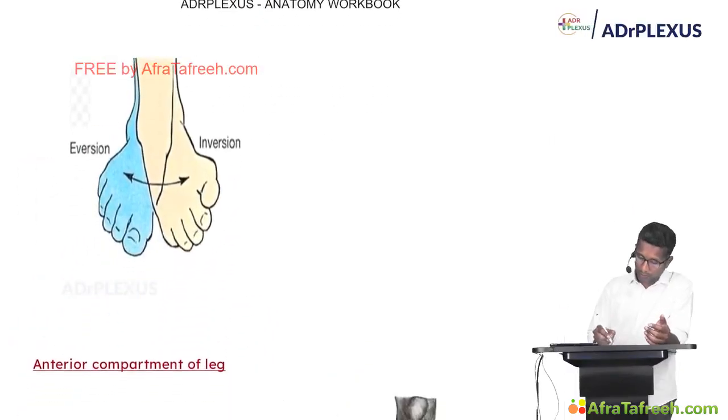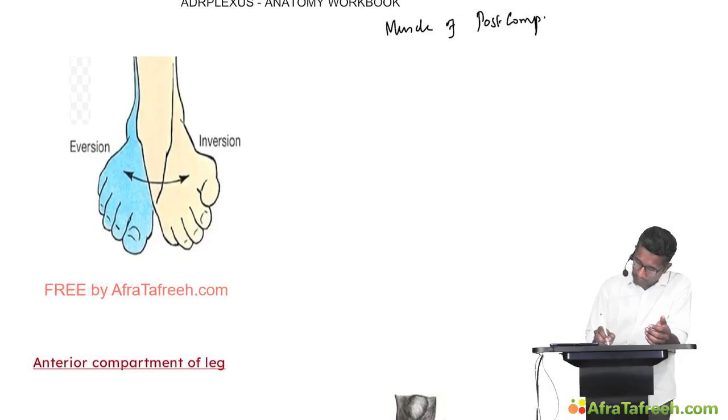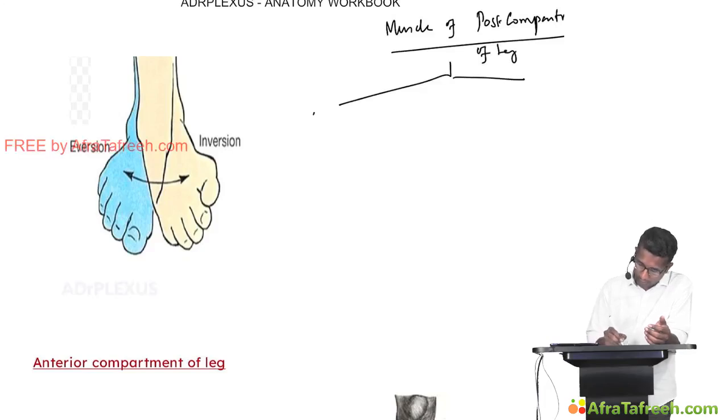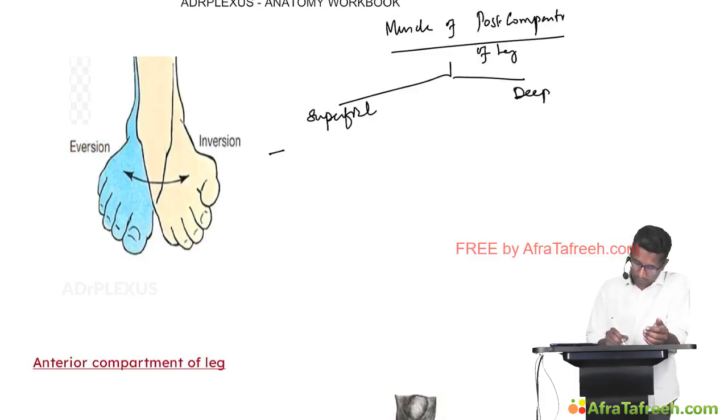The muscles of the posterior compartment of the leg region. We are classifying them into a superficial group and a deep group. The superficial group has 4 muscles.